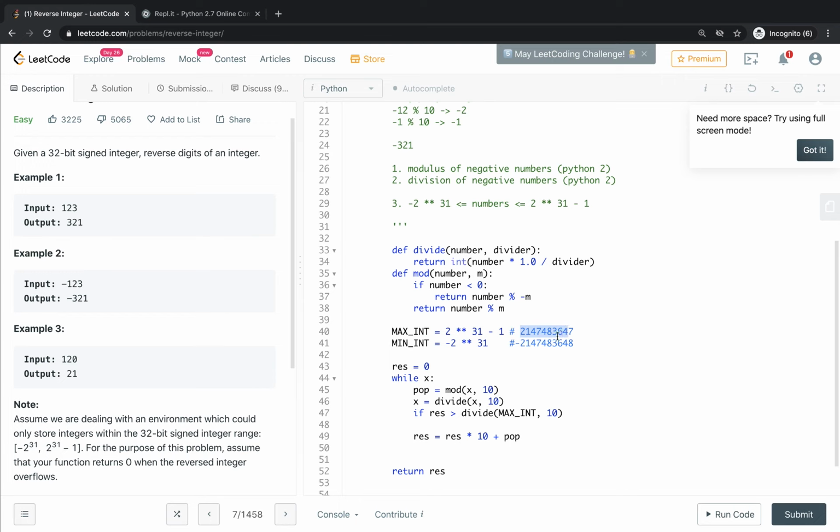If our number is bigger than that, when we do res times 10, it's going to overflow, because there's going to be some number in here that's bigger than what we want it to be.